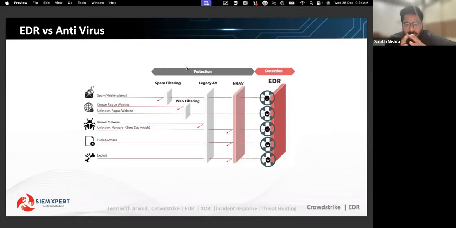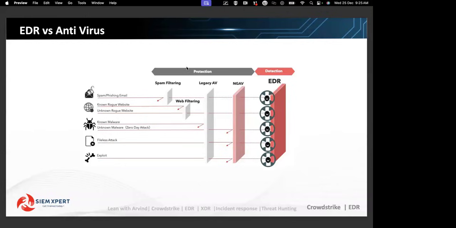The time and the resources that the system is going to consume by having an antivirus as well as EDR in place is very less because they're sharing the load. All your known malwares are already filtered out at the AV, and EDR only has to look at a few events which are actually unknown, like 0 days. Understood.